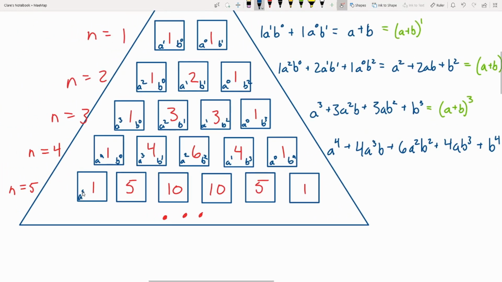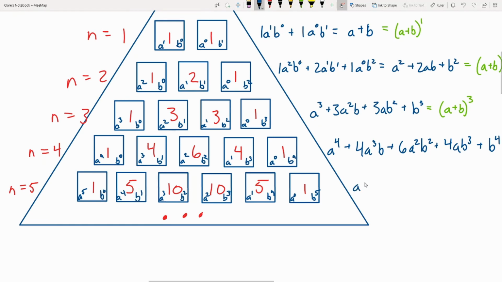And lastly, we'll do a 5th degree. So a to the 5th, a to the 4th, a cubed, a squared, a to the first, a to the 0, b to the 5th, working right to left, b to the 4th, b cubed, b squared, b to the first, b to the 0.